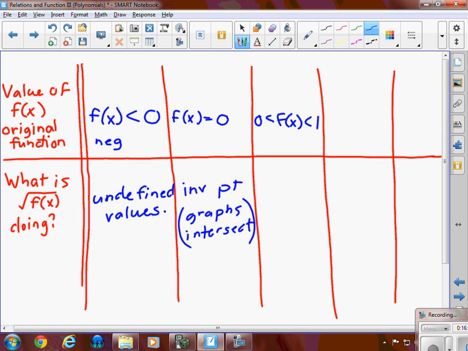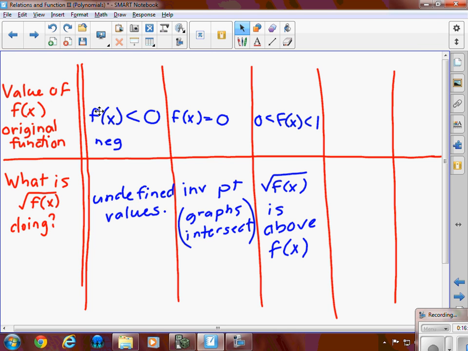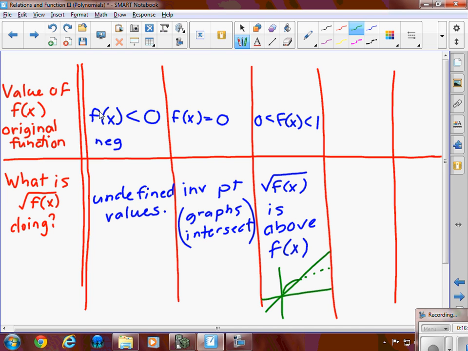But to put it in words, we're going to say this is where that square root of the function is above the original function. So that means, if we were looking at a graph, if this was the original guy, the square root one is doing this thing, that little blip above it, and then it continues on. So that's what's happening in that interval.